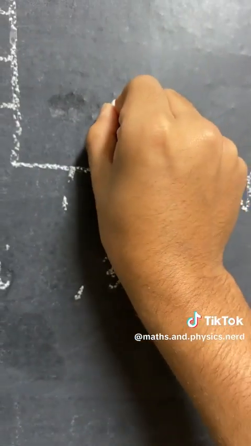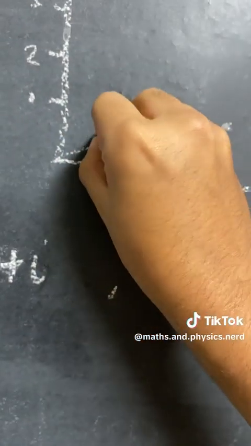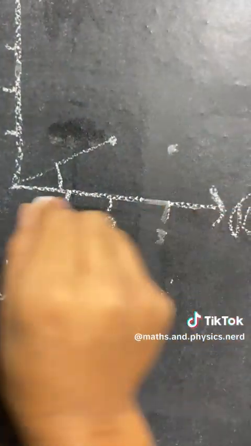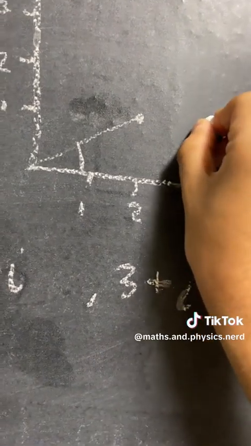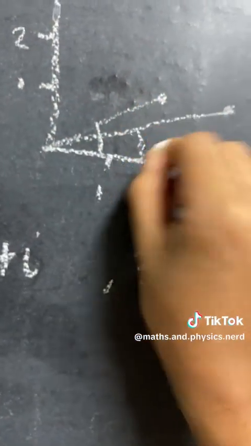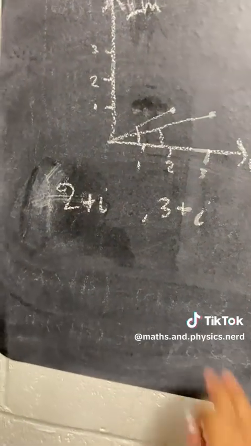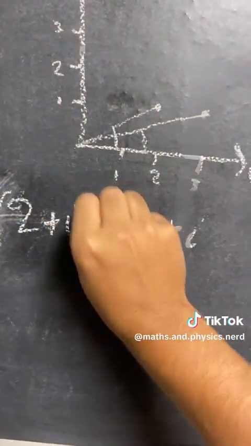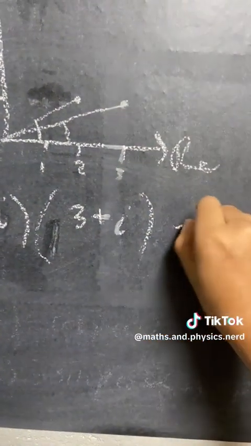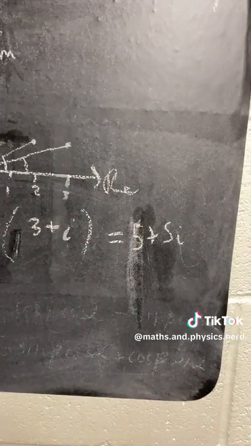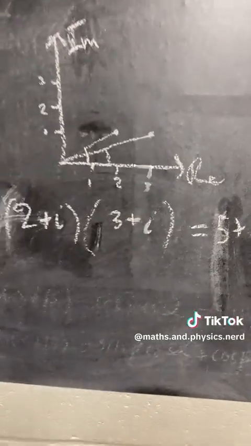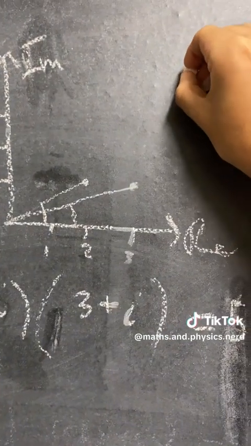What we can see is that each of these has an angle with respect to this horizontal over here. And what we can do is, with complex numbers, if we were to multiply these two, we would find another complex number, in this case 5 plus 5i, which is going to be somewhere up here.